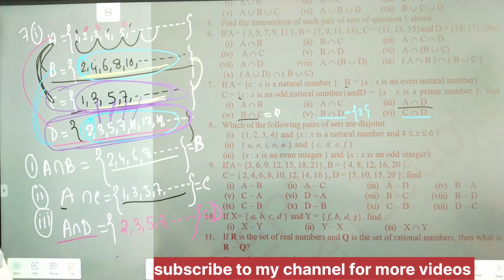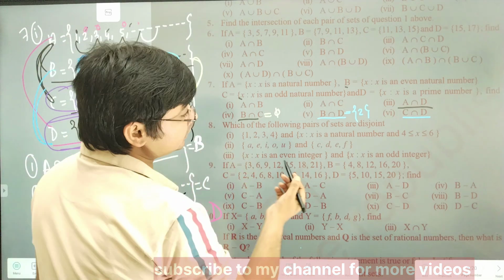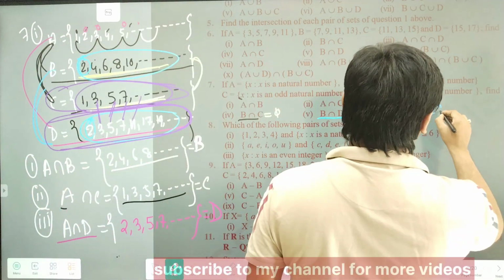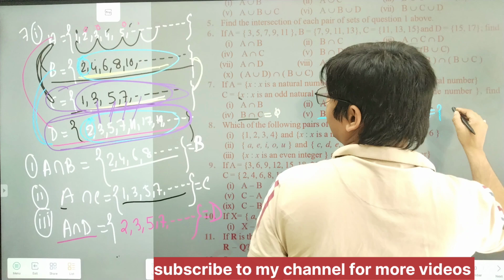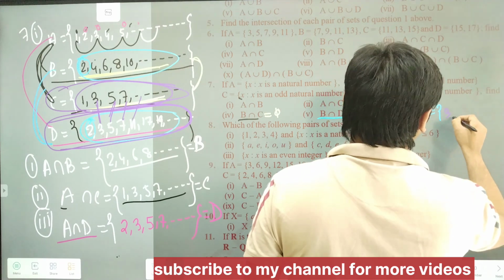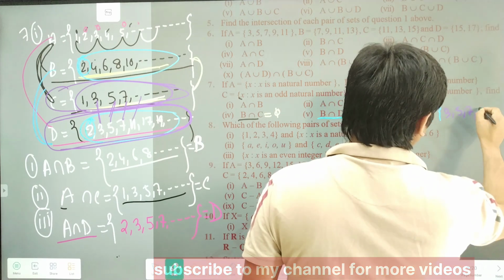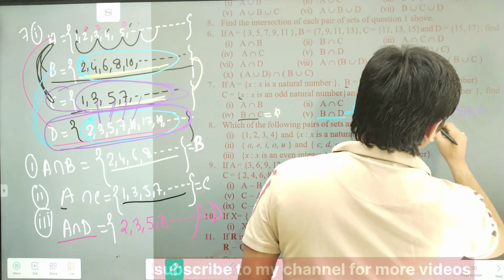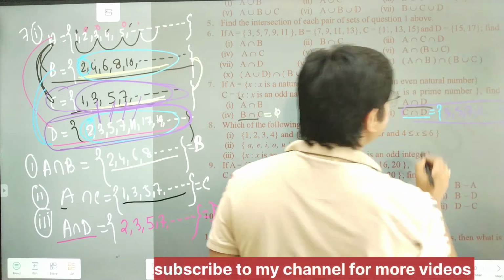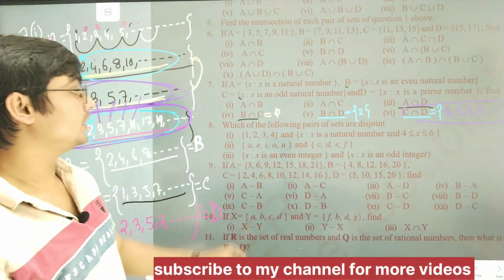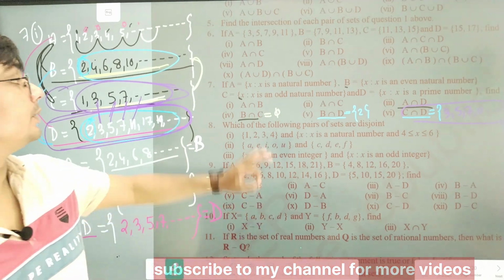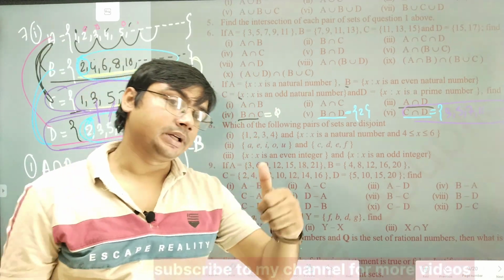Again you see 11 will be common here. That means D intersection C will consist of 3, 5, 7, 11 and so on. Yes, so this will be the required C intersection D. Yes, so hope all of you can solve this type of question. Okay, thank you.